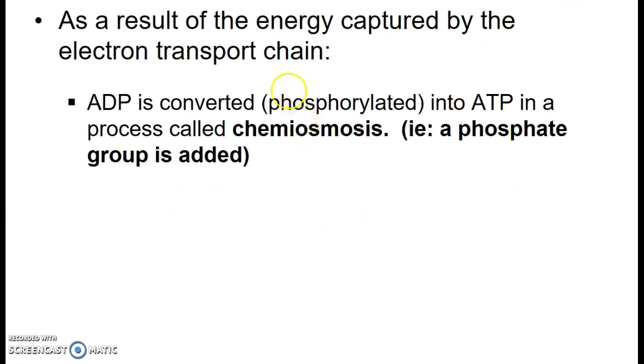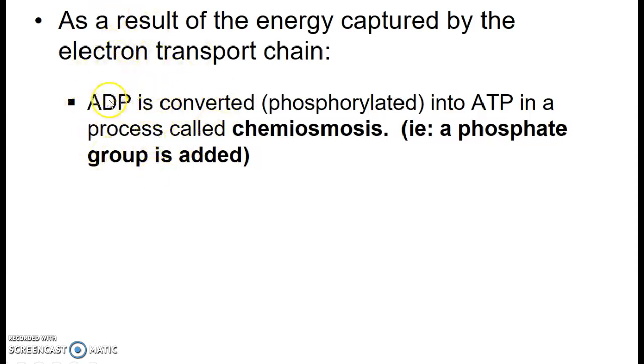Okay, so the process by which the electron transport chain for photosystem 2 generates ATP, or in another way of saying it, it converts ADP, which is adenosine diphosphate, which has only 2 phosphate molecules.